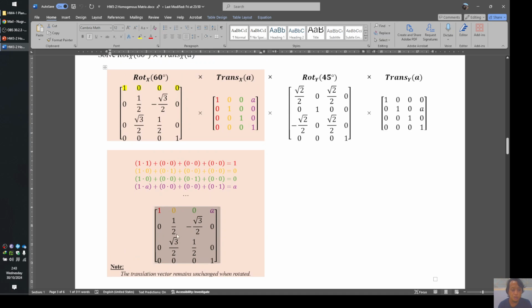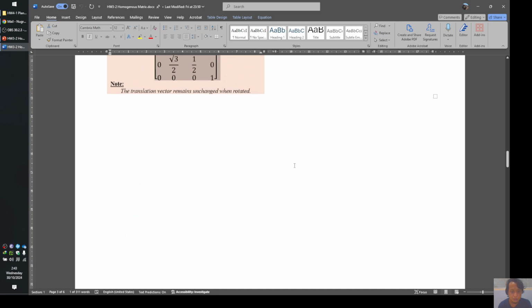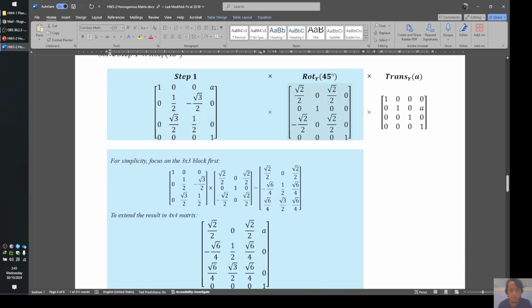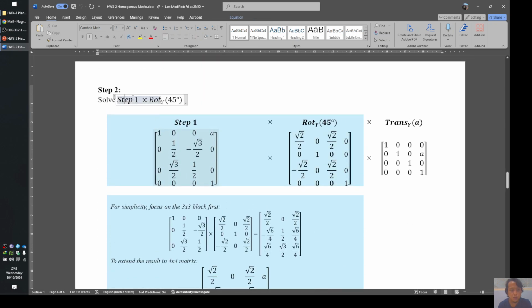So for step 2, we need to multiply this matrix by this matrix. This is step 2: the step 1 result multiplied by the rotation about the y-axis by 45 degrees.